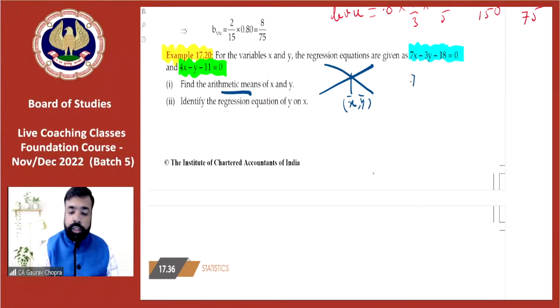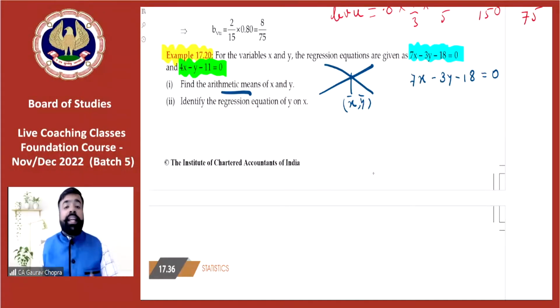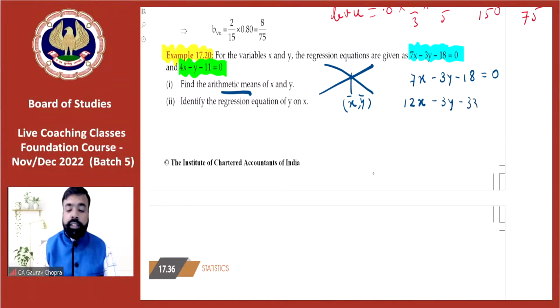So first equation, 7x minus 3y minus 18 equal to 0. Now we have to equate with the second equation, so simply multiply the second equation by 3 so that we can cancel y. So 4x multiplied by 3 becomes 12x. Then y into 3 becomes 3y, and minus 11 into 3 is minus 33.